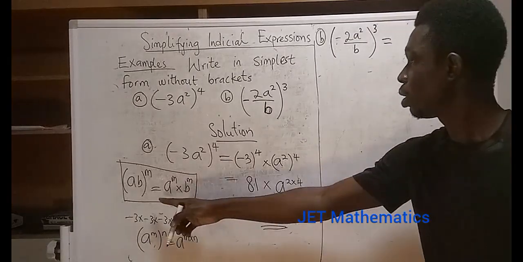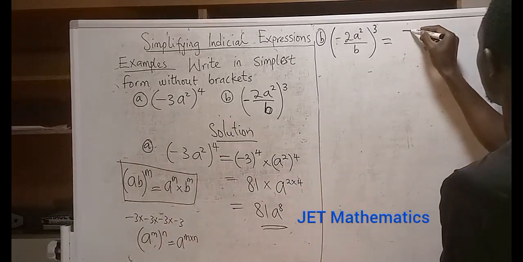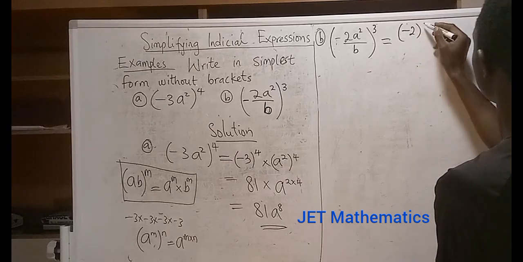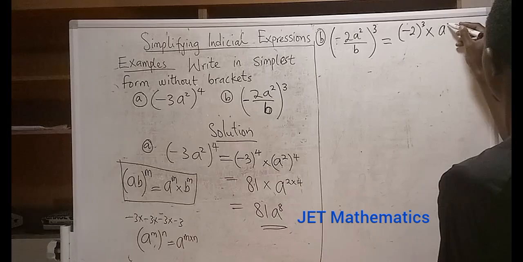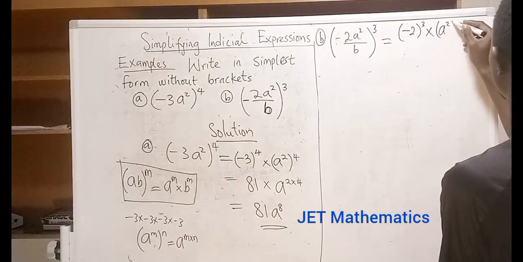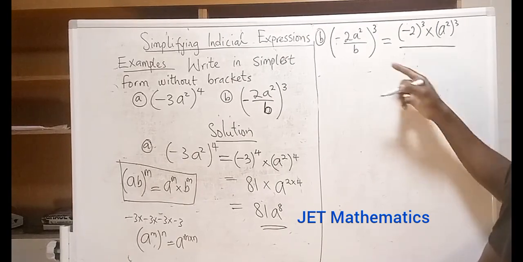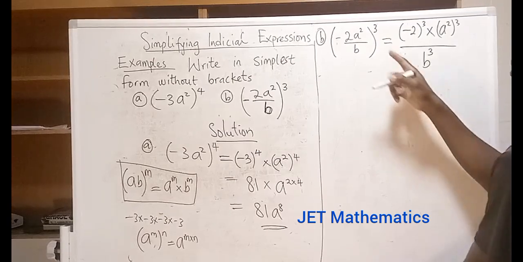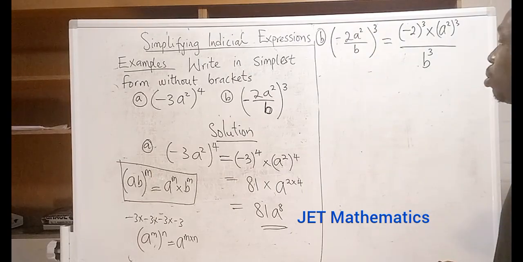Applying this same law, we can break the elements into minus 2 raised to the power of 3 times a squared raised to the power of 3, all over b raised to the power of 3. So the 3 affects every element in the bracket.